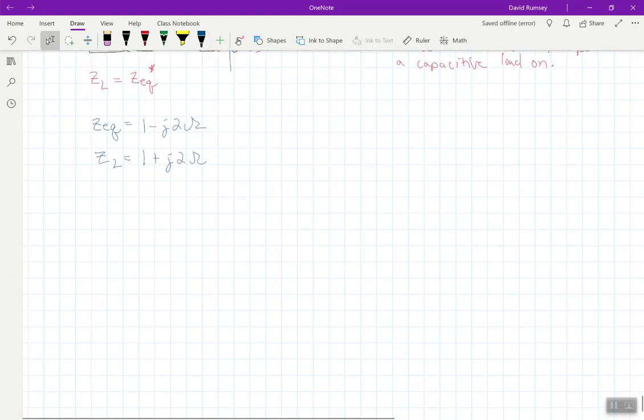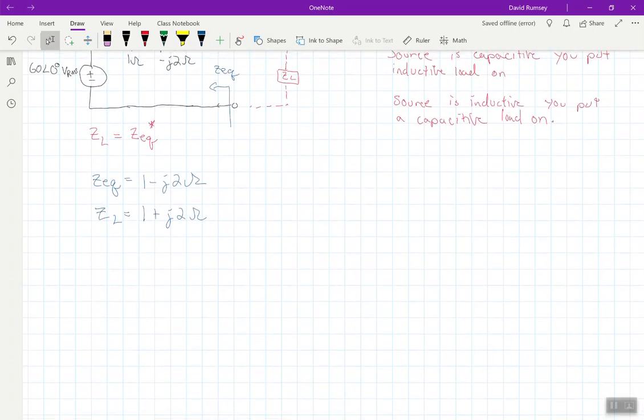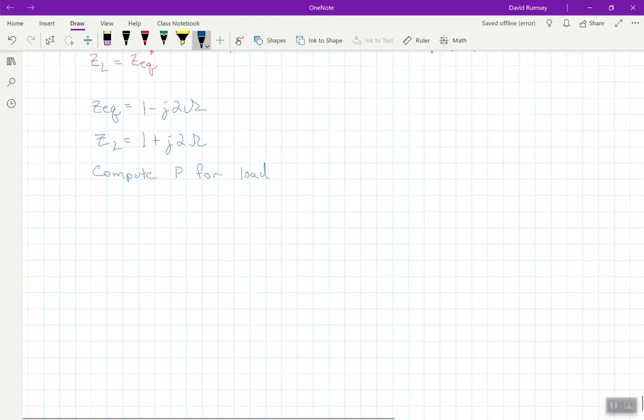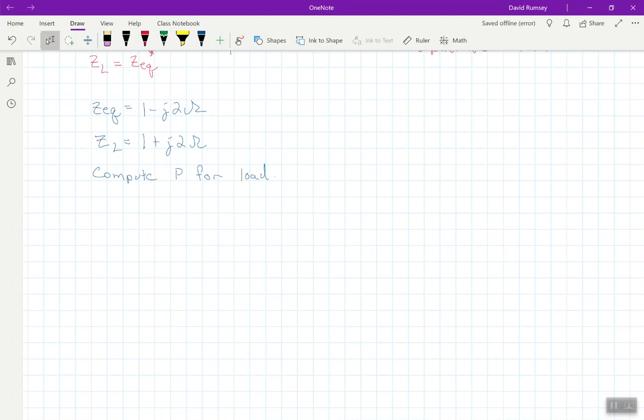But let's actually do the computation, and let's actually compute P for the load. So if we redraw the circuit here, I'm just going to write this now as 60 volts RMS because it was at an angle of 0.